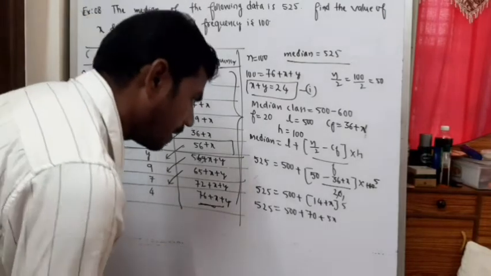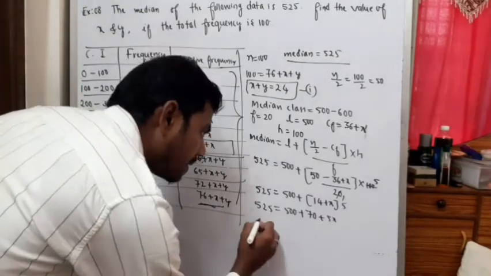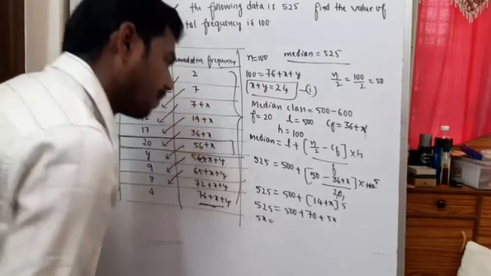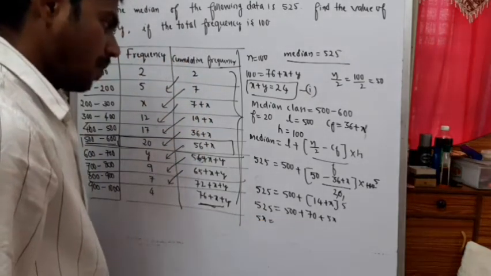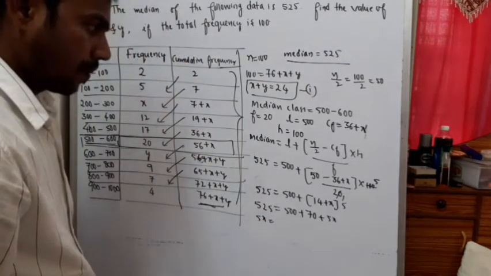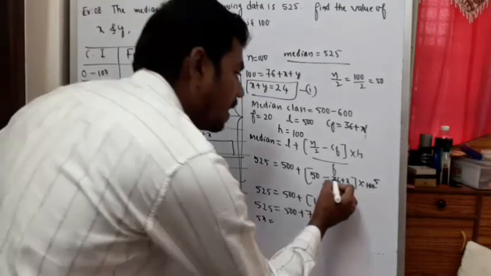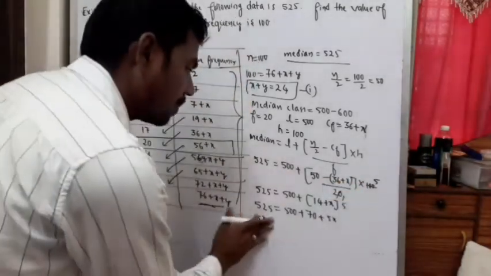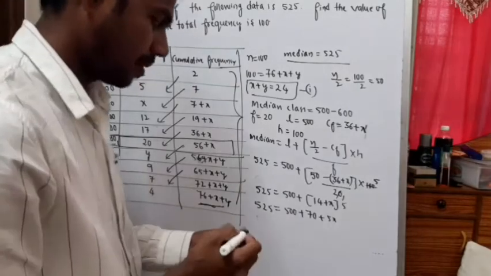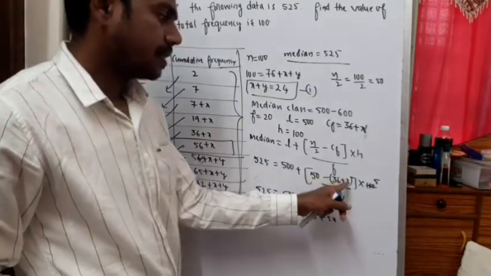Sorry, here I made a mistake. See, it is minus 36 plus x.